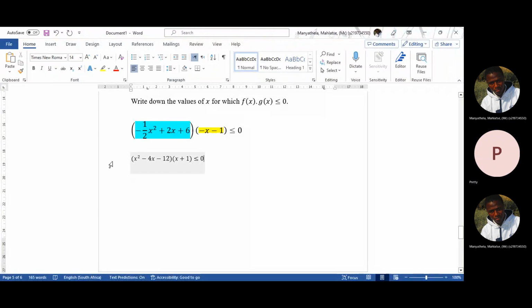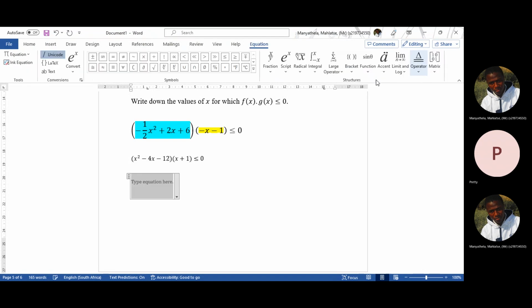So we can factorize, but since it is already linear, there is no need to factorize it. The factors are x minus 6 into x plus 2, into x plus 1, is less than or equal to 0.